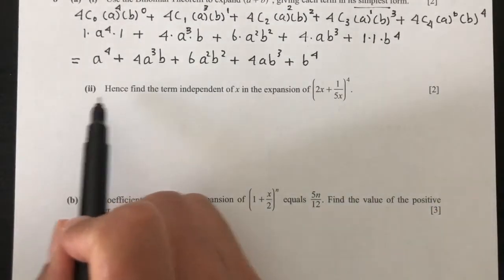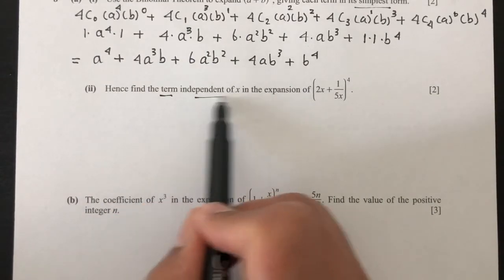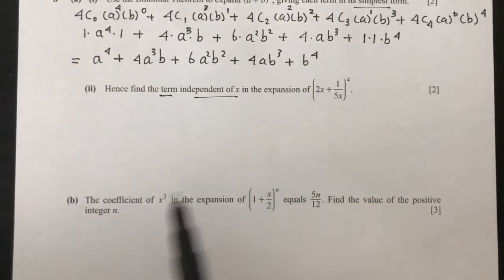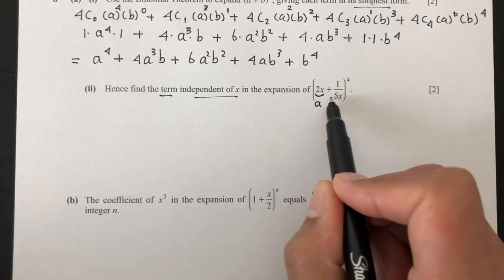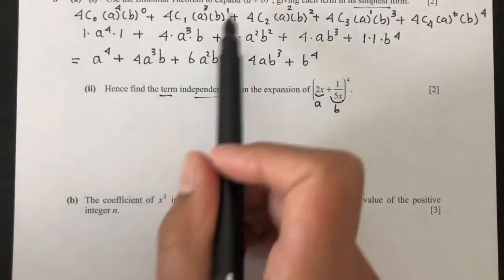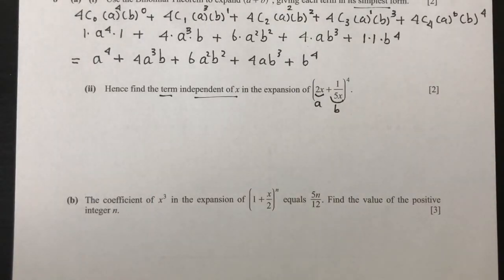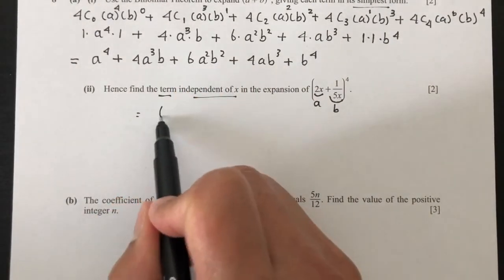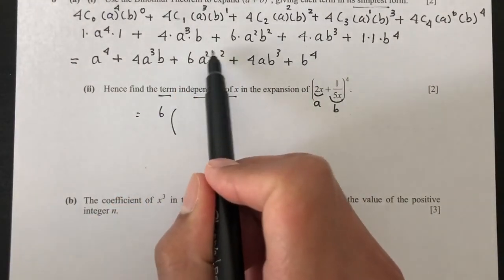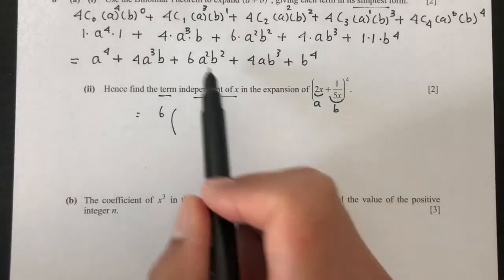Now for part 2, hence find the term independent of x in this expansion. If you observe, this is a and this is b from the equation. Which term will give you the term independent of x? By observation, you would choose this one. That will be 6, because the powers are the same, they will cancel out. That's why we choose this one.